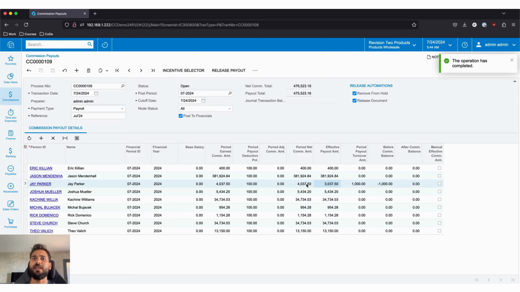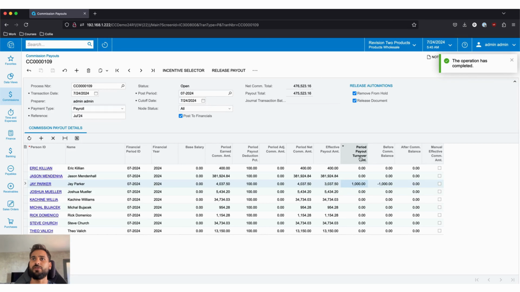So instead of paying him the full commissions earned amount, we're going to pay this amount of money. That is basically the commissions earned, okay, minus the balance that was negative. So it's a reduction of $1,000.